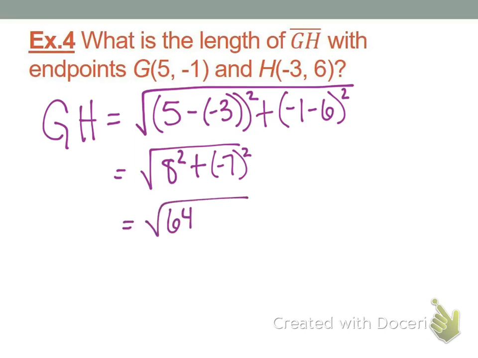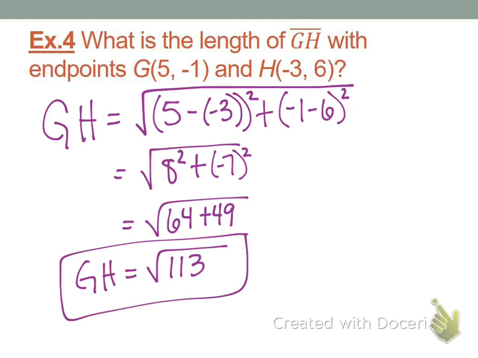That gives us 64 plus 49. The square root of 113. That cannot be simplified, so that is our answer. Make sure negatives are getting put in parentheses when you square them. If you end up thinking that this 49 is negative, then your answer would come out different and it would be incorrect.